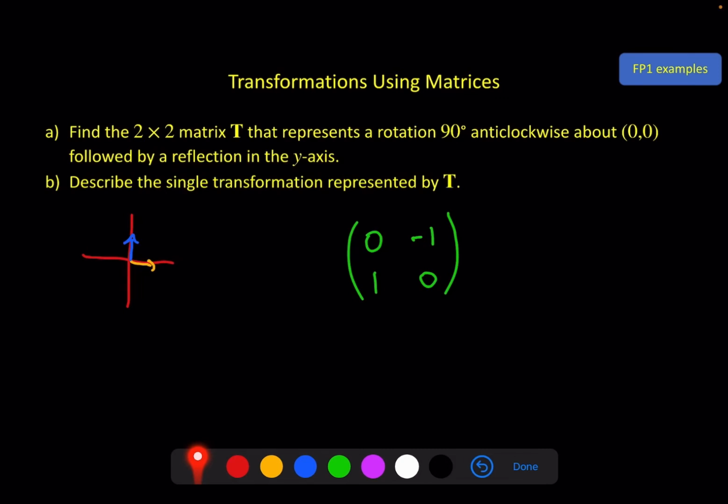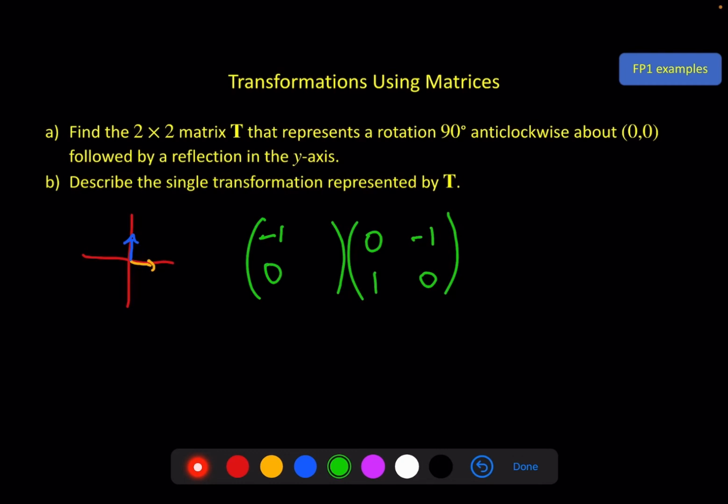And that needs to be followed by, so the next matrix goes on the left of this, because the matrix of coordinates would go over here. So this one first, followed by this one, which is a reflection in the y-axis. So with the y-axis reflection, the yellow one would end up over here, so that would be a -1, 0.